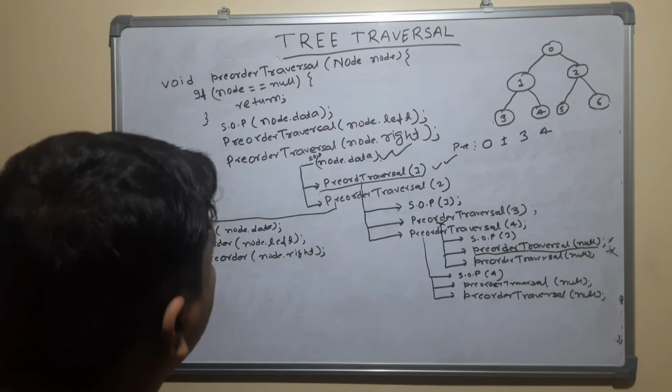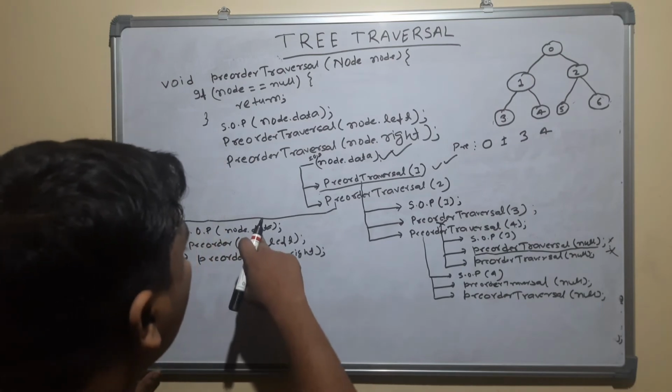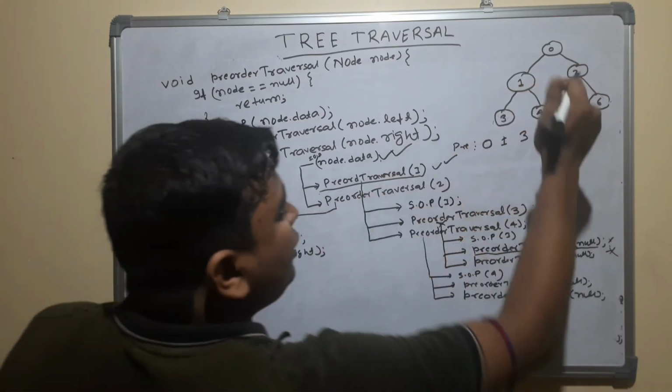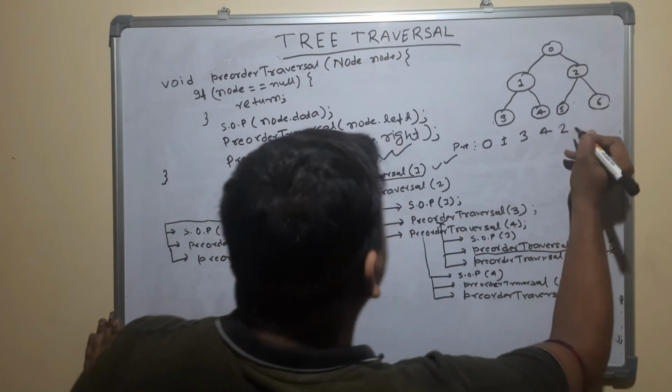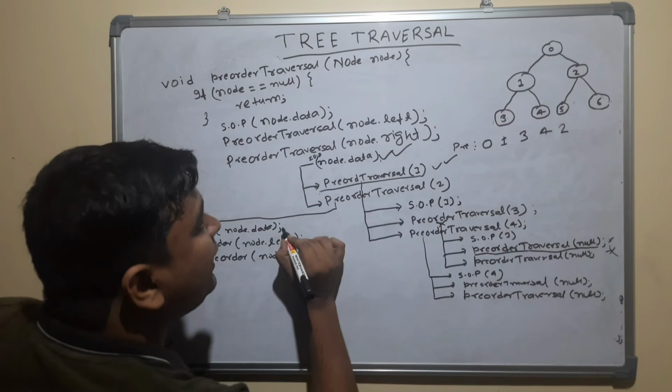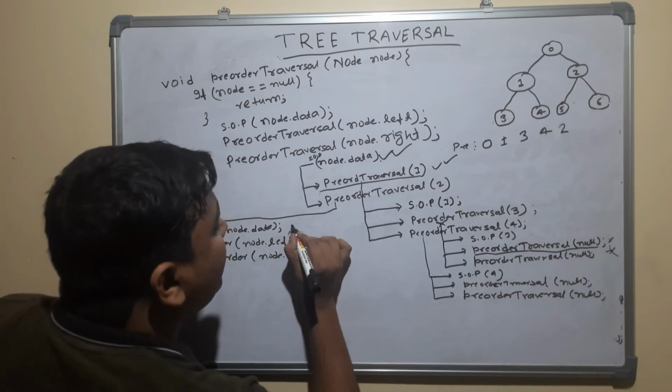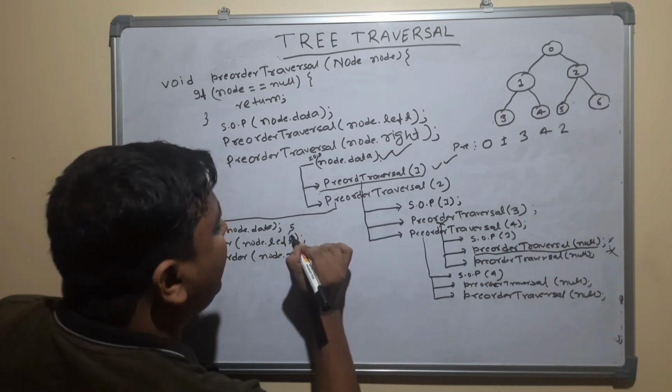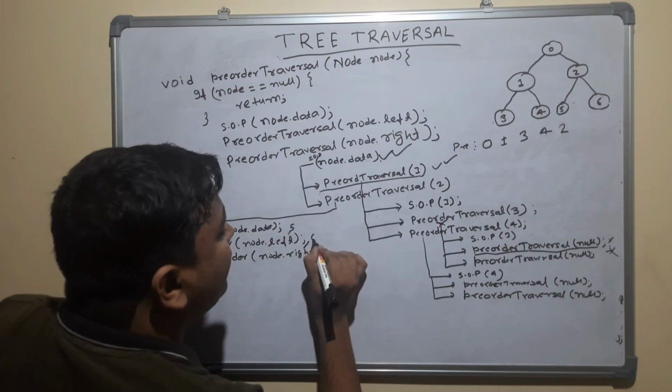Now here you can see node.data, so first it will print 2, then we have to process this one. So pre-order node.left means it is 5 and node.right is 6.